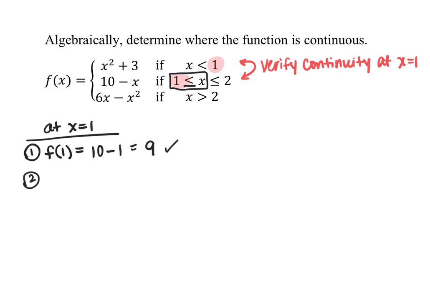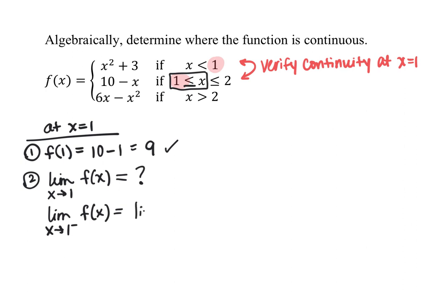The second condition that needs to be met is that the limit must exist as x approaches 1. So the limit as x approaches 1, that limit must exist. I'm not sure what that limit is or if it even exists. So let's verify that the limit does exist by looking at the one-sided limits. First we need to find the limit as x approaches 1 from the left.